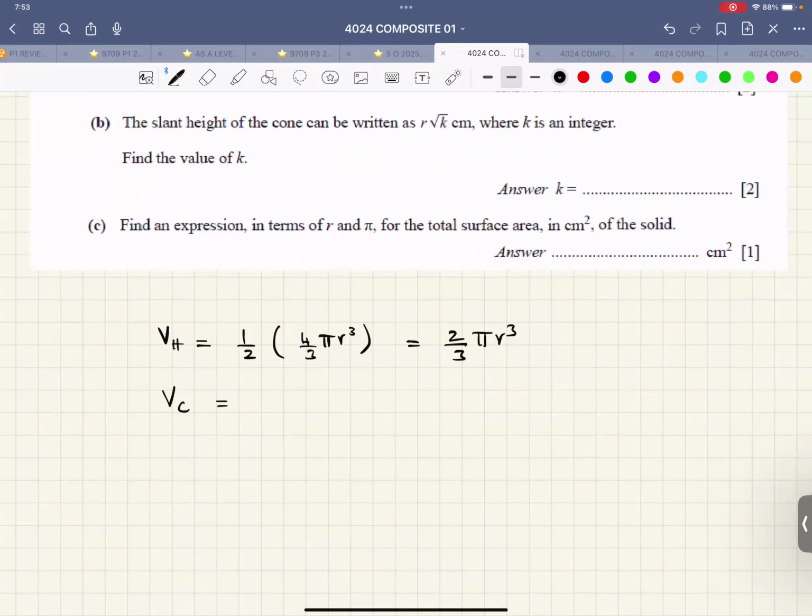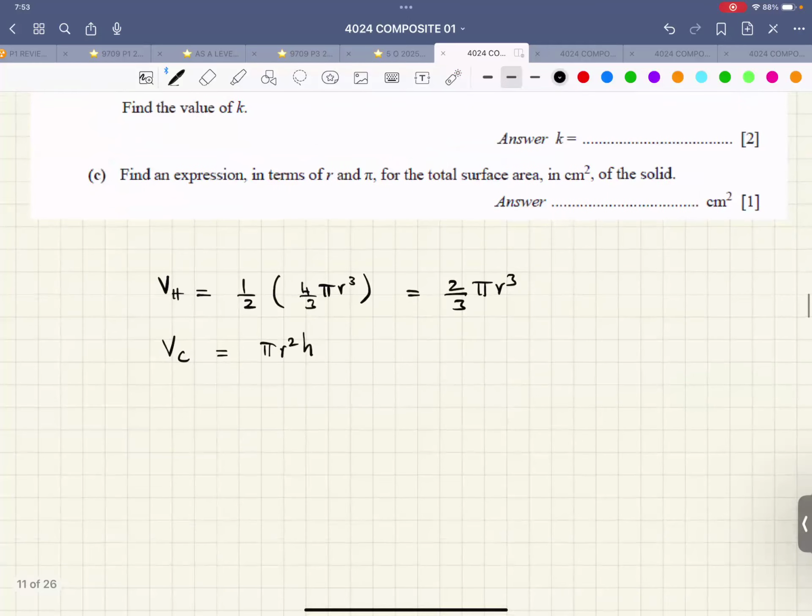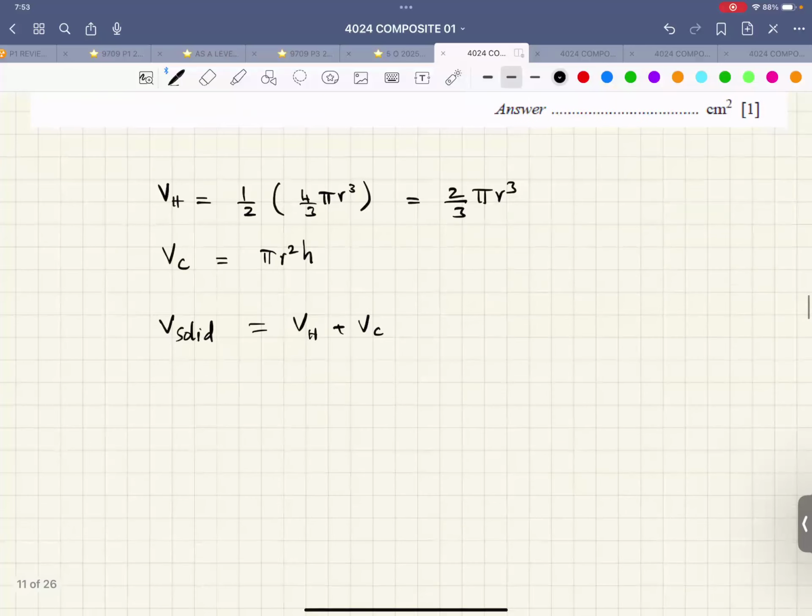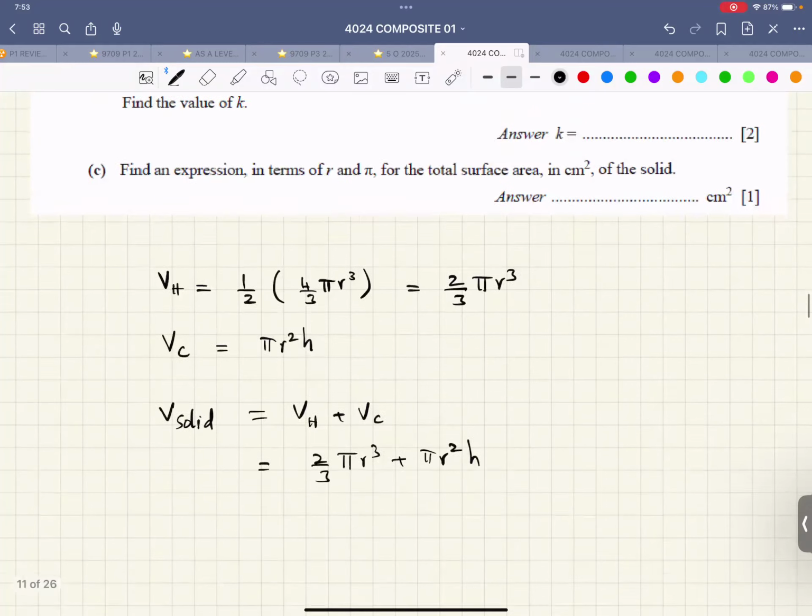Volume of cone, that is 1/3 pi r square h. Volume of solid, that is volume of hemisphere plus volume of cone. People can also work this out. That's your choice how you want to work it out. That is 2/3 pi r cube plus volume of cone, pi r square h.